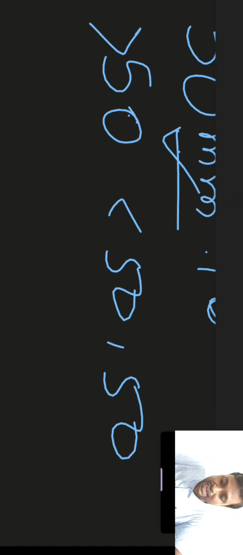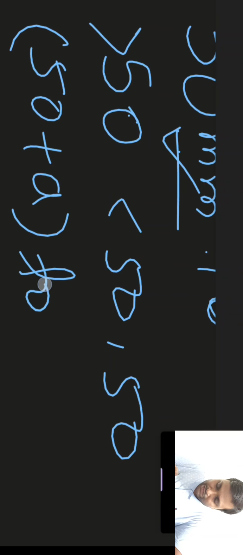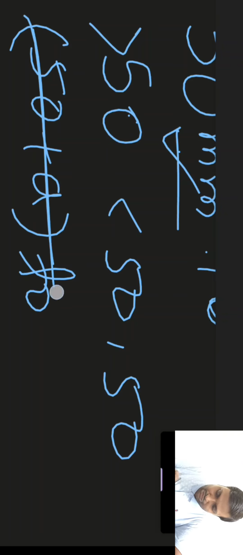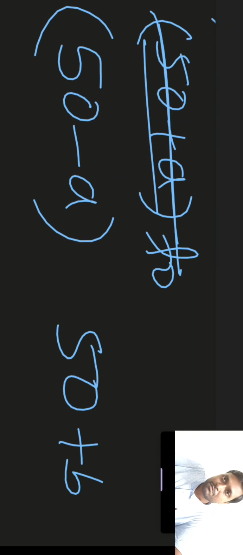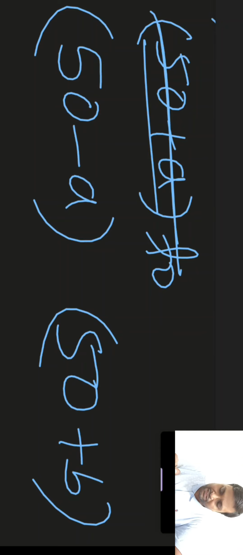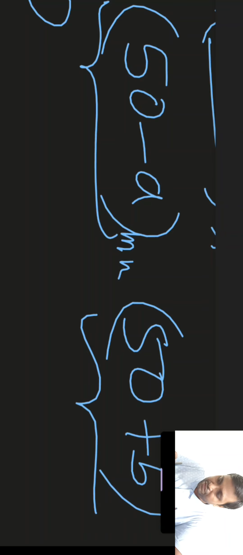What we want to say is that when we go on manufacturing a 50 mm shaft, you can manufacture from 50 minus A to 50 plus B mm. That means there is a deviation. The minimum limit of the shaft is 50 minus A mm, and the maximum limit of the shaft is 50 plus B mm.